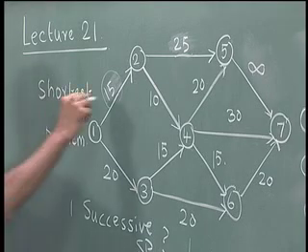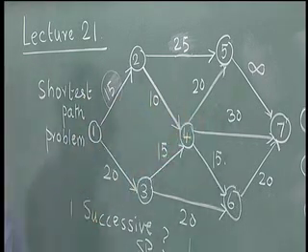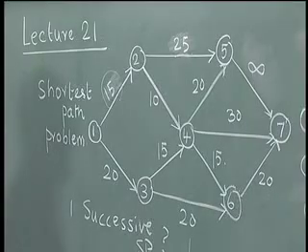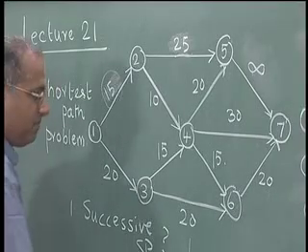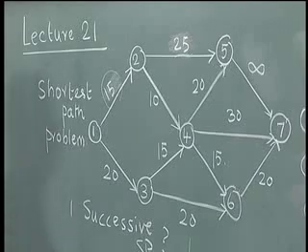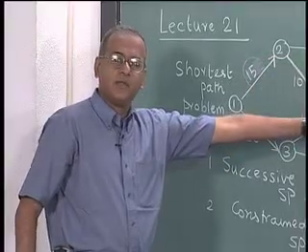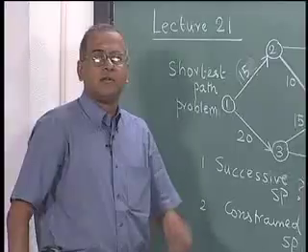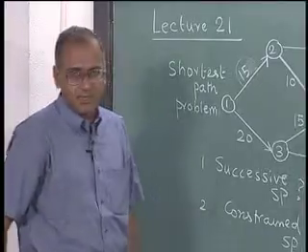So, if each of these is now described on the basis of 2 parameters, which would be cost and time, then we could find the least cost shortest path, or we could find the least time shortest path.